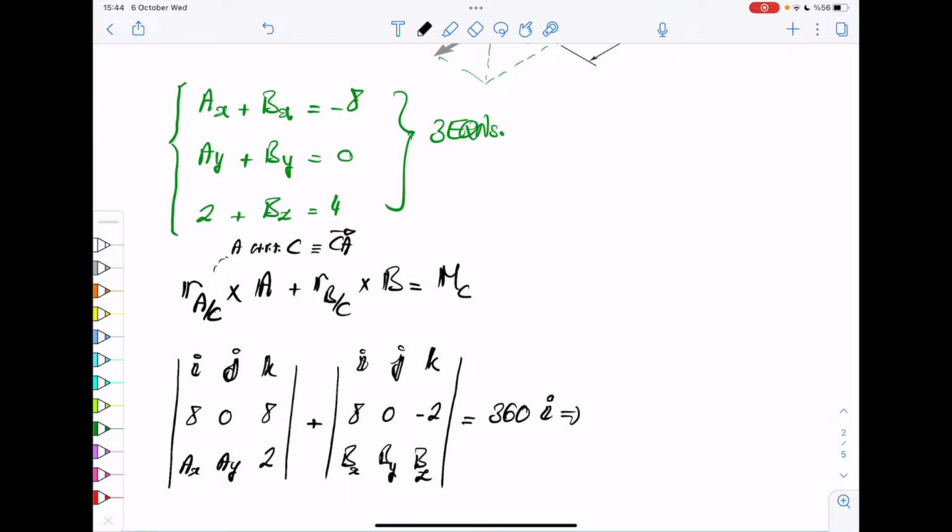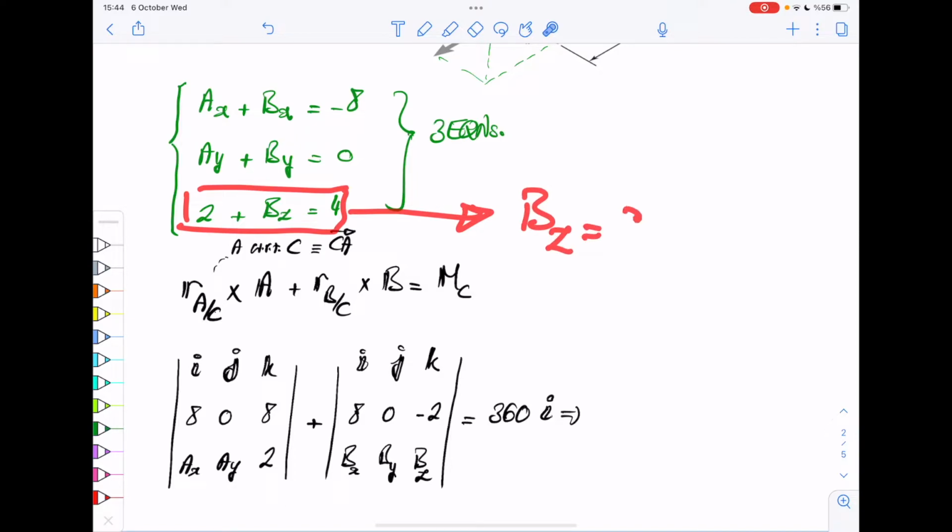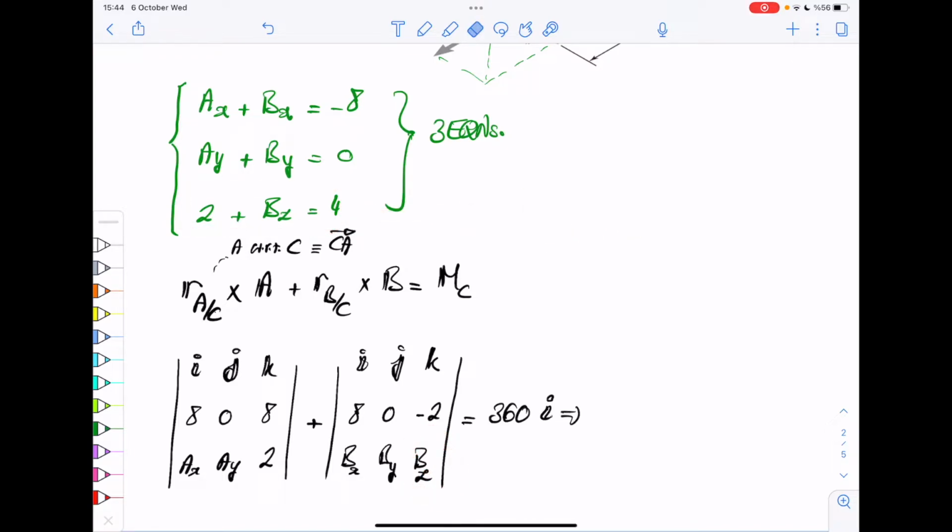But before doing that, let's just look at this. From this one, you can see that BZ is also 2. Okay? So before doing the calculations, let's also put 2 here to simplify our lives a little. So I'm going to just put 2 here. Then you have fewer unknowns to calculate these cross products.